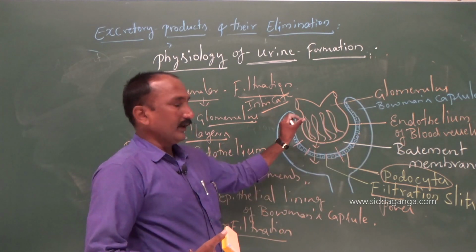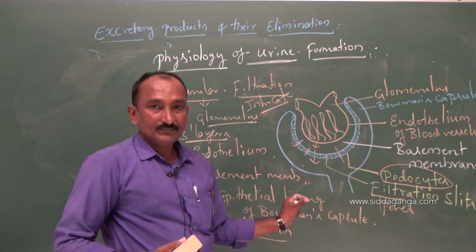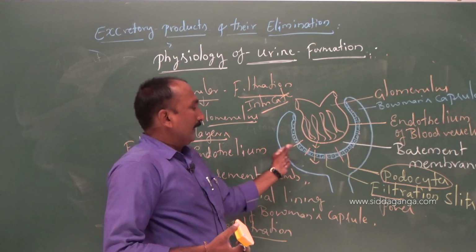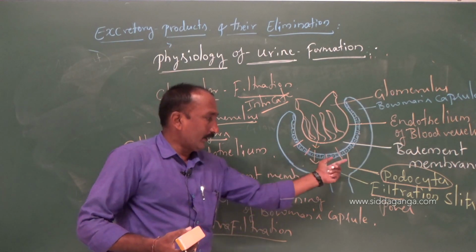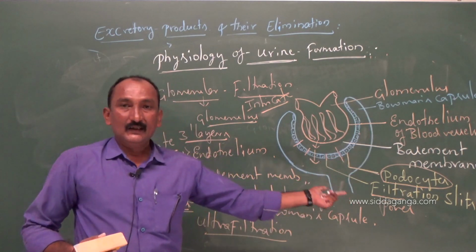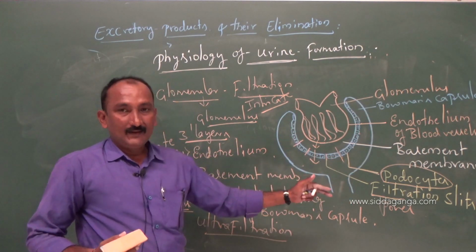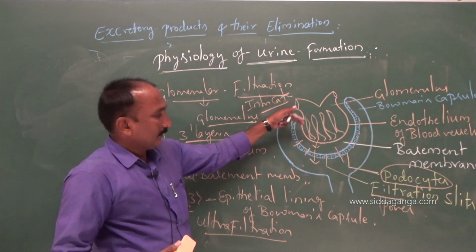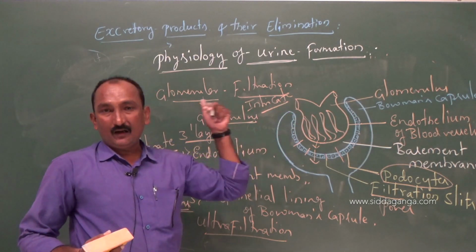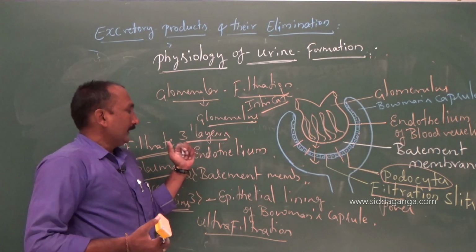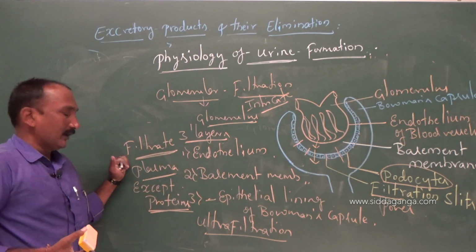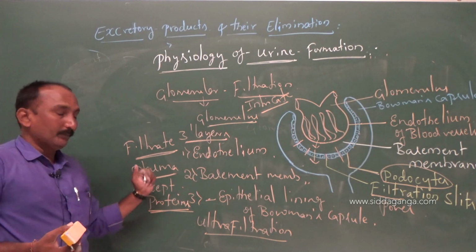They are arranged in an intricate manner with minute spaces between the podocytes. They are called filtration slits or filtration pores. Through those pores, the blood will be filtered so finely, and the filtrate is similar to the plasma without blood proteins.